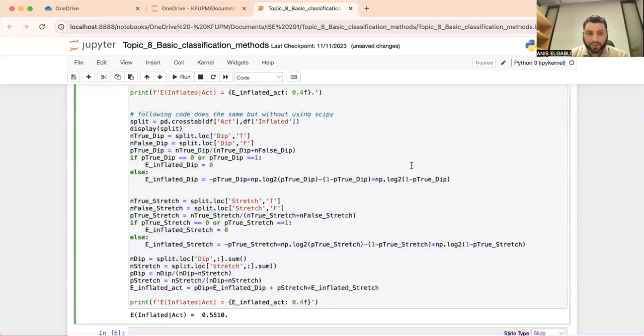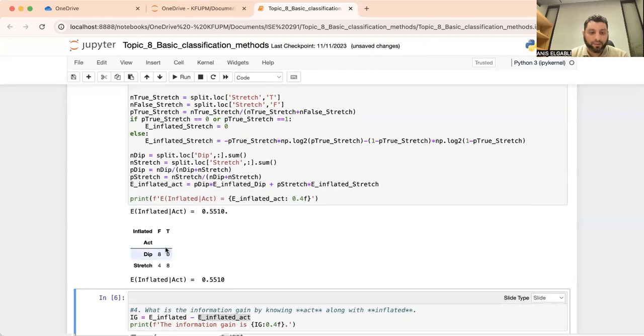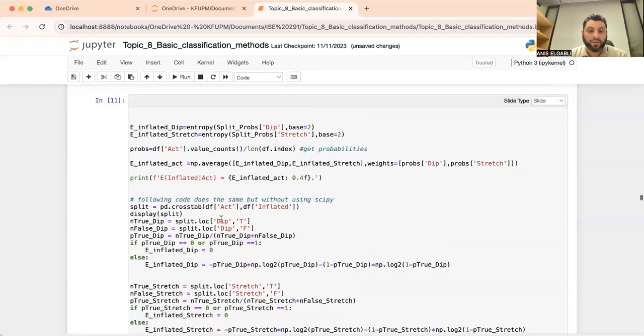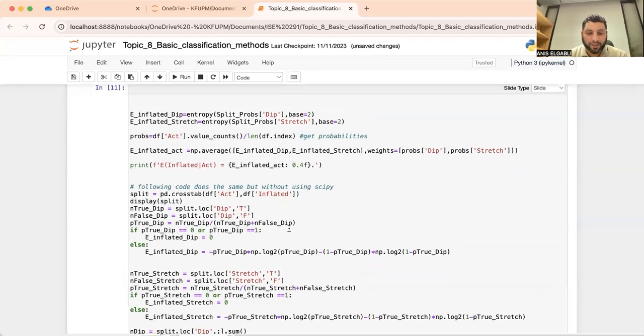Okay. So here what we do again is extract the relationship between inflated and act in this cross table, so we can look at all the counts and the probabilities. So the first part, at a very high level, by looking at the cross table, we can extract the number of times in which inflated is equal to true given act equal to dip.